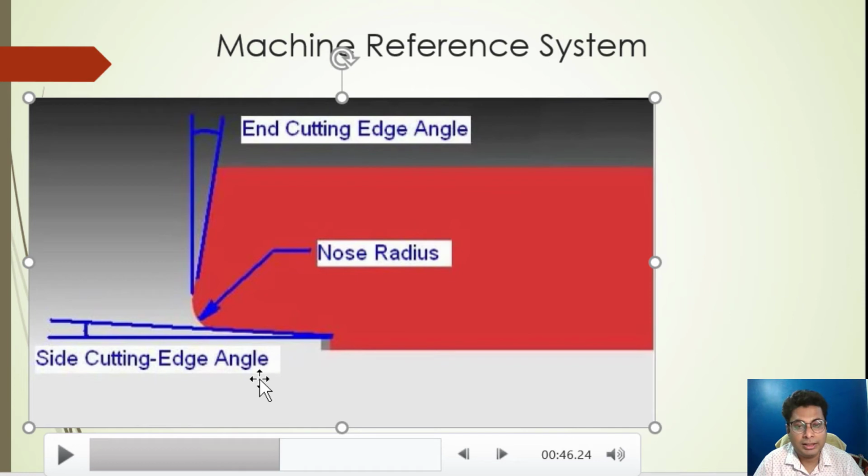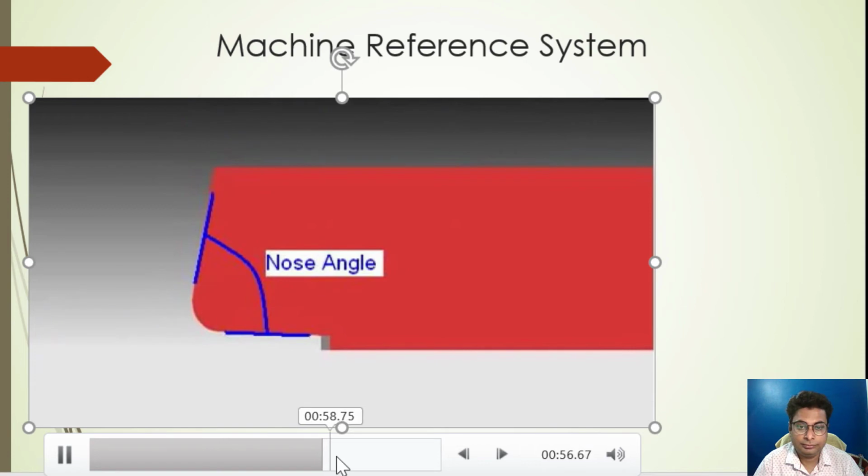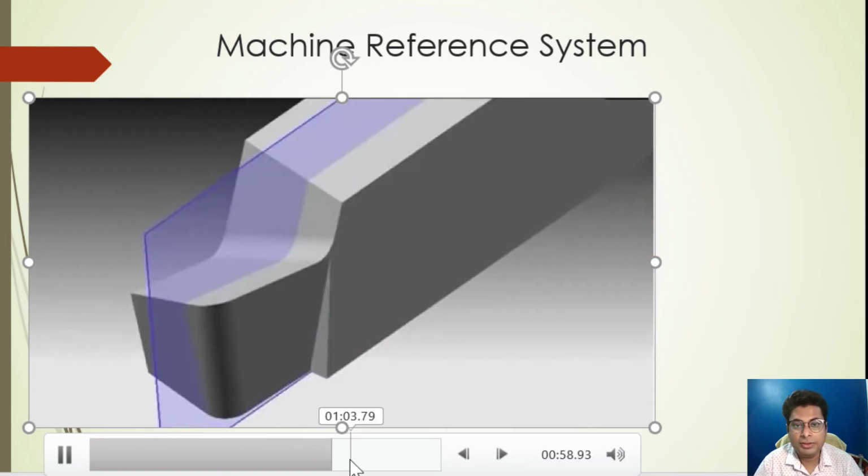Then this is your side cutting edge angle. This straight line over here is your pi y; the angle between the principal cutting edge and the pi y plane is your side cutting edge angle. And nose radius is given over here. I think we all are clear about nose radius.